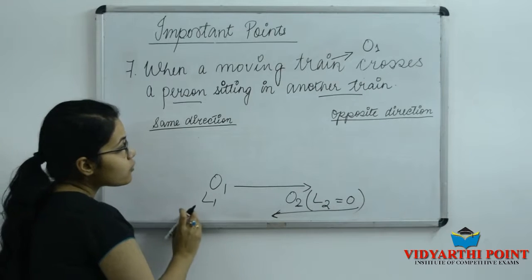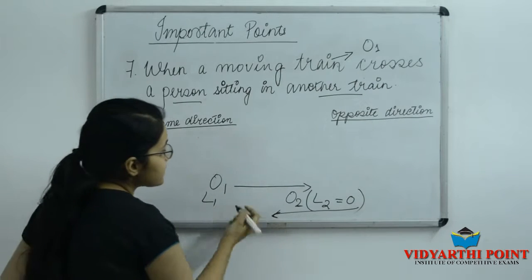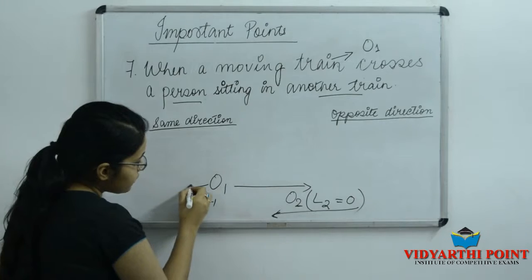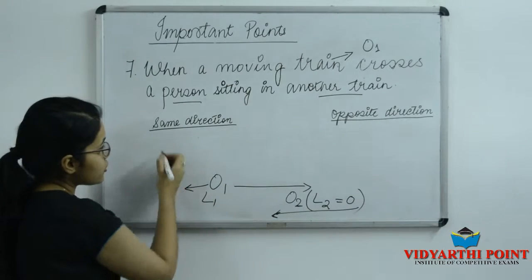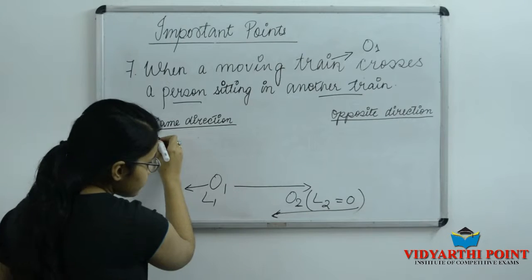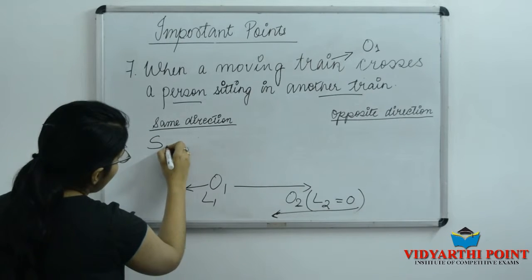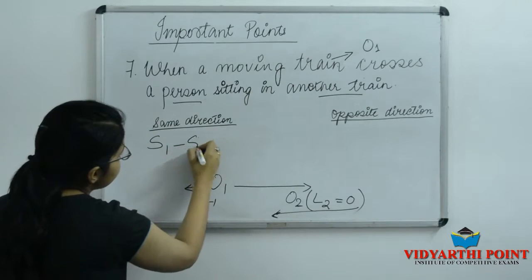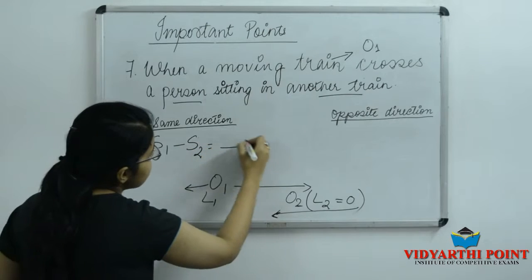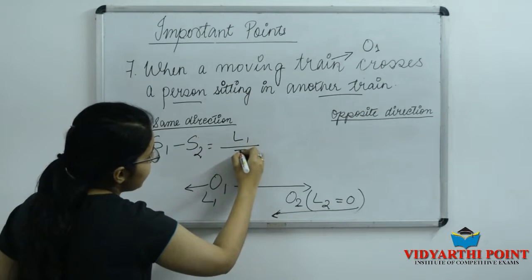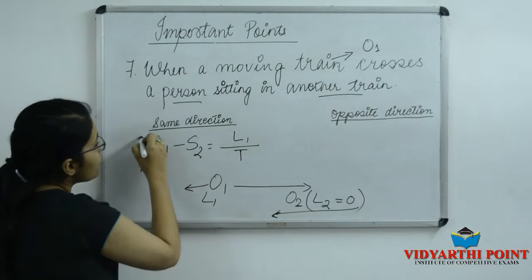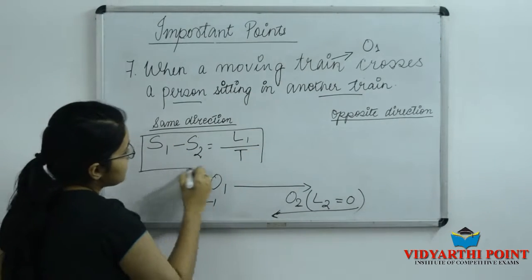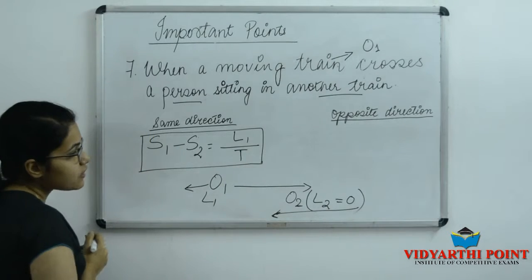So if they are moving in the same direction, that is, if the object 1 is moving in this direction and object 2 is also moving in this direction, same direction, here S1 minus S2 is L1 by time. L1 is the length of the moving train and time being constant.